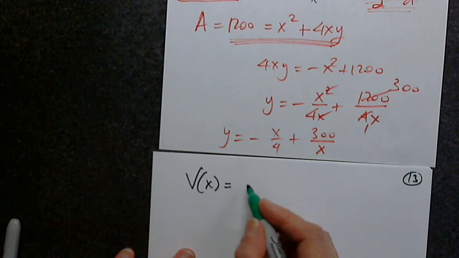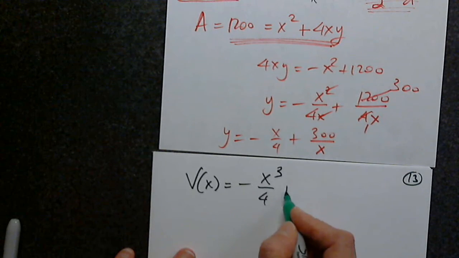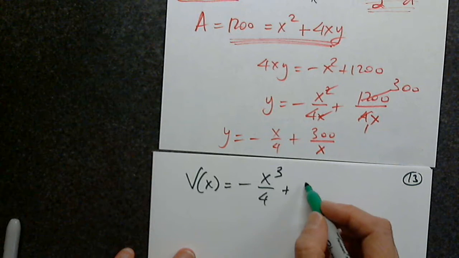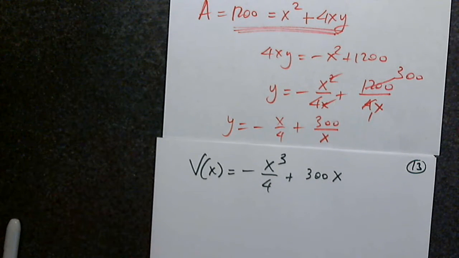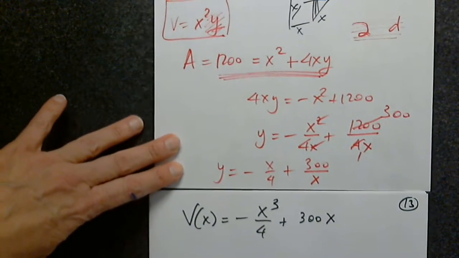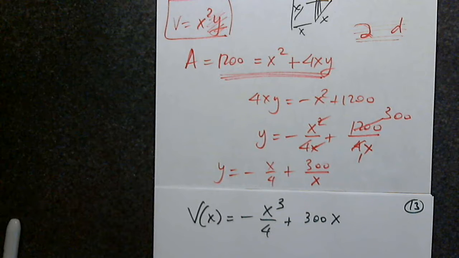So this times x squared will be negative x cubed over 4 plus this times x squared will be 300x. Is this okay? Now we can differentiate. We have a function of x, one variable only.